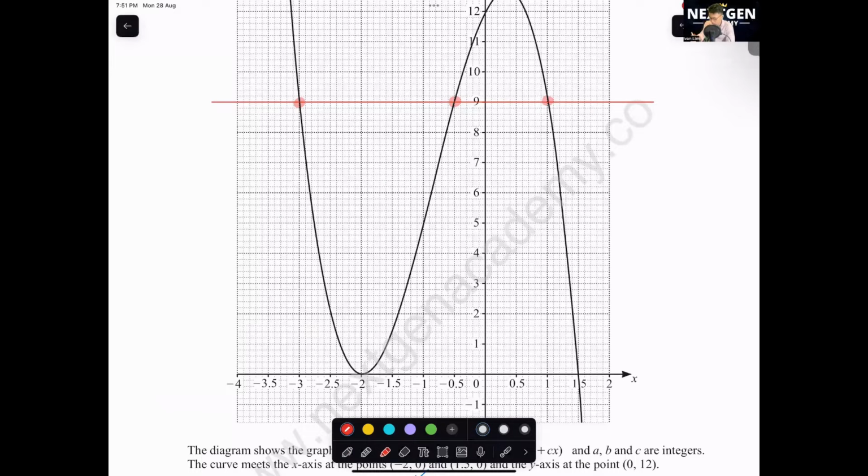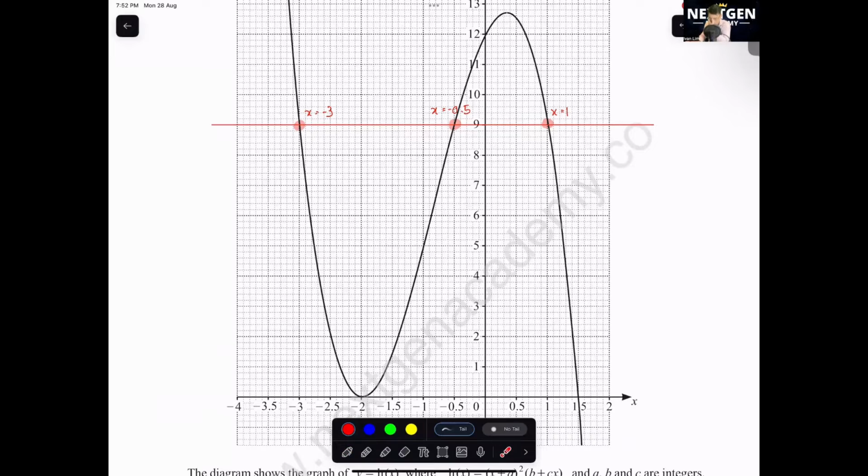What's the x value? The x is minus 3, x equals negative 0.5, and x equals 1 over here. Basically they are saying where exactly the y is lower than this line.